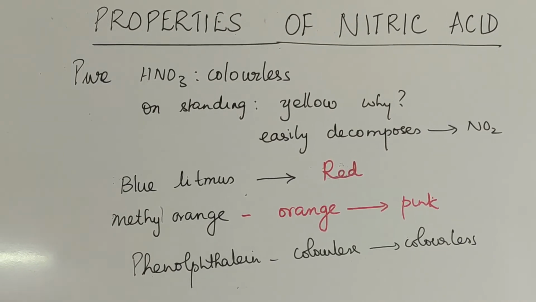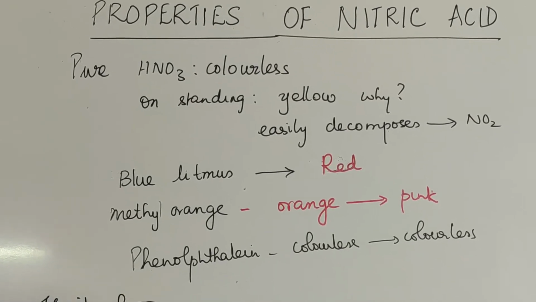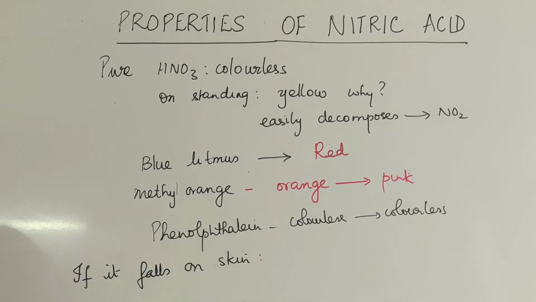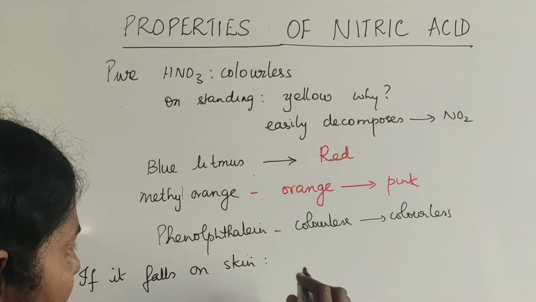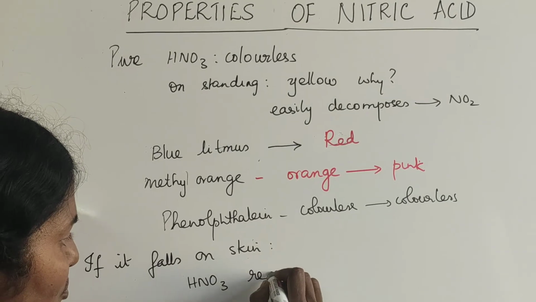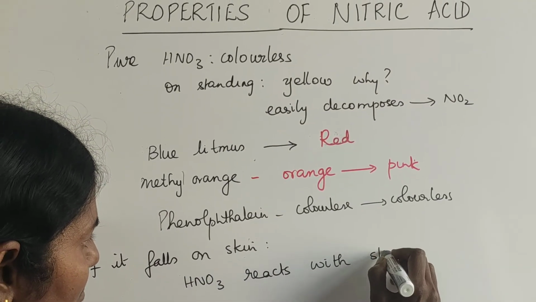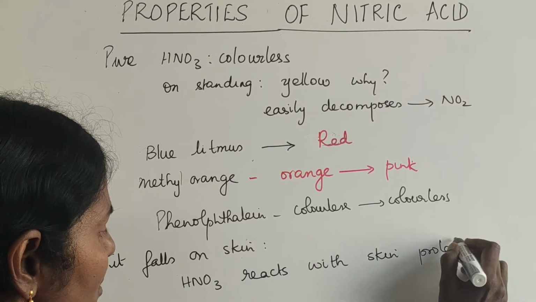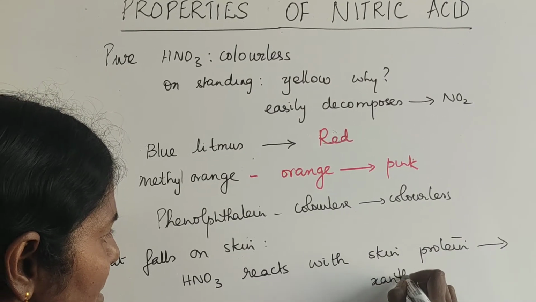One more thing is, if it falls on the skin, this is just a general thing that you need to know. If it falls on the skin, nitric acid reacts with the proteins of the skin and forms a yellow colored compound called xanthoproteic acid.